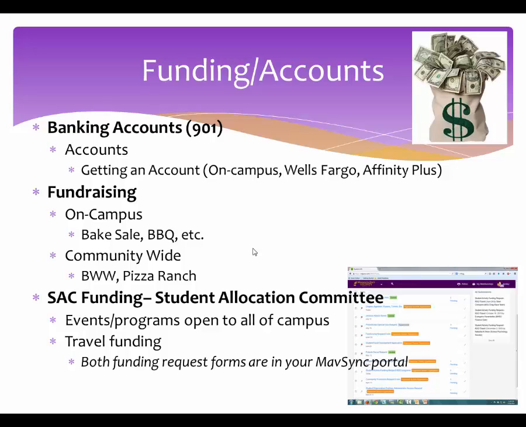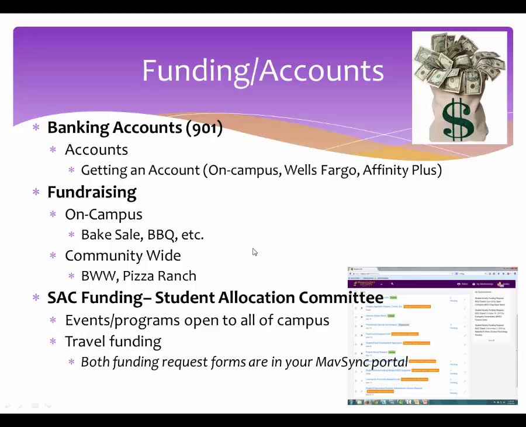Also, as a recognized student organization, you are eligible for student allocation funding. You are eligible to apply for up to $500 for an event or program that you are hosting on campus or hoping to host. You are also allowed to apply for travel funding to go to a conference or something along those lines.